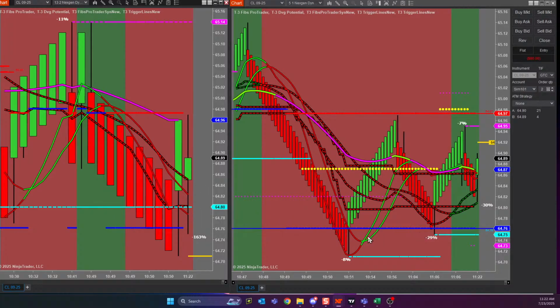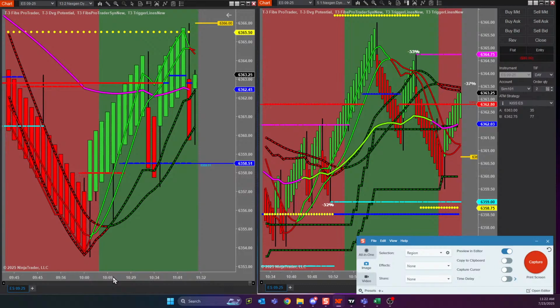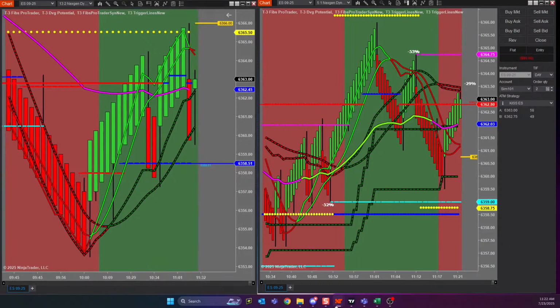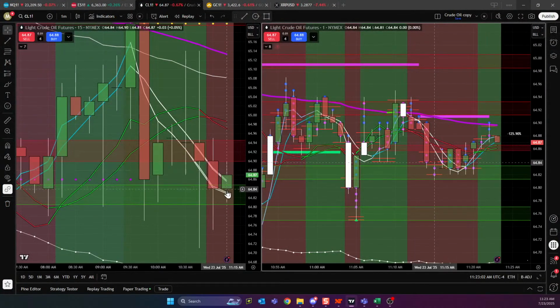Guys, termination conditions are just killing it on crude oil right now. Termination conditions, just killing it on the S&P right now. Sometimes there's just nothing to do. Shorts are short-lived and not working on crude oil.